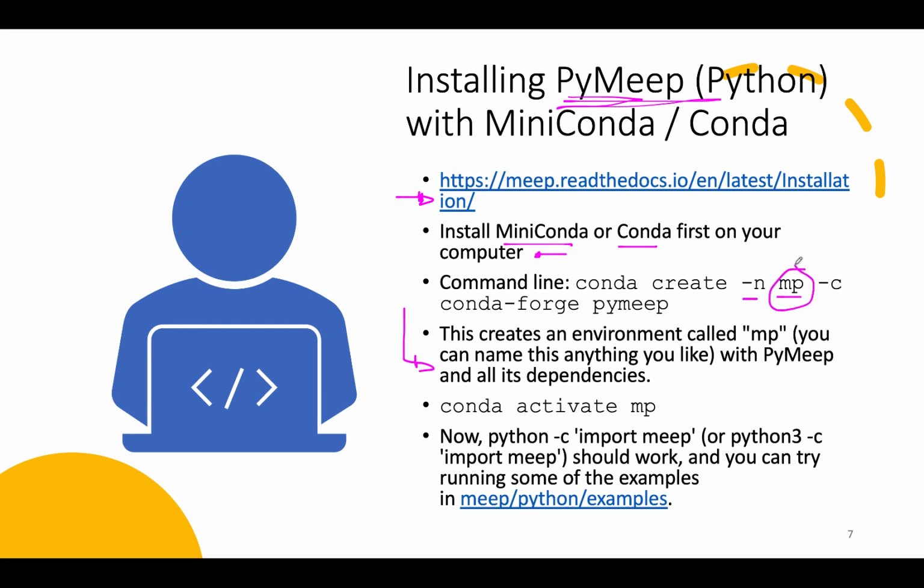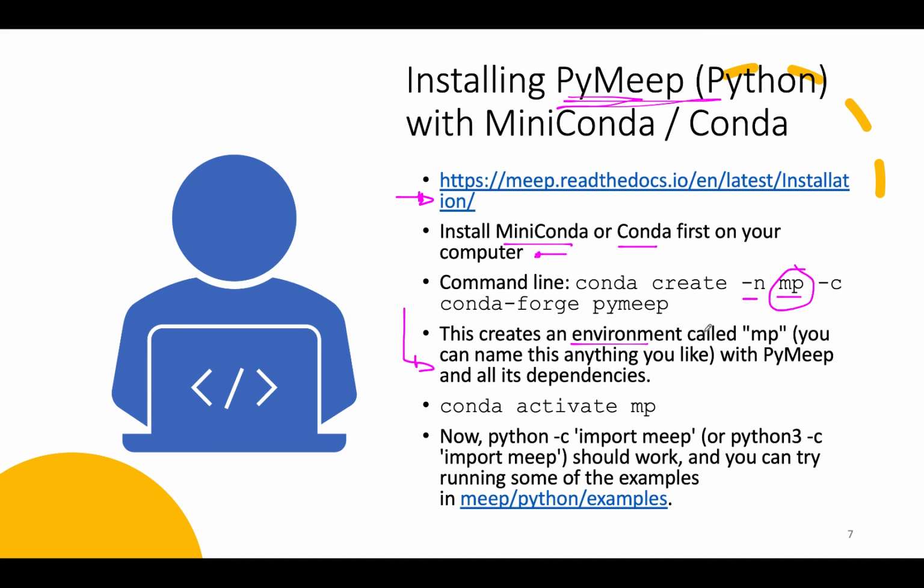We can call it as we like, right? So we can call it meep-python or something like that. It doesn't really matter. So this will create an mp environment with all the dependencies of PyMeep. So we install PyMeep, and together with PyMeep all the dependencies.